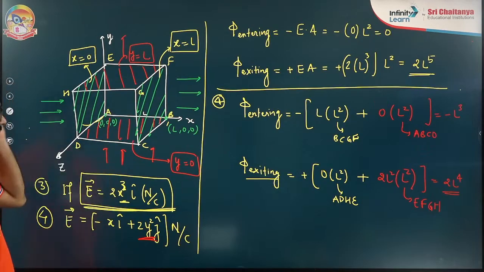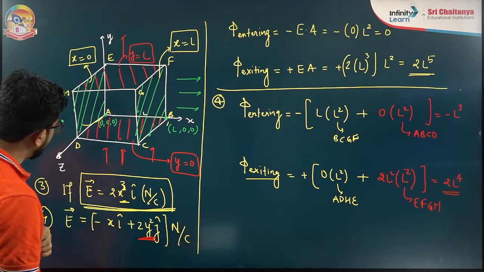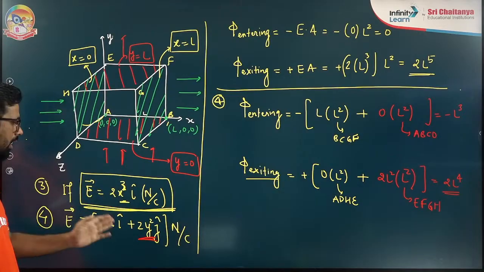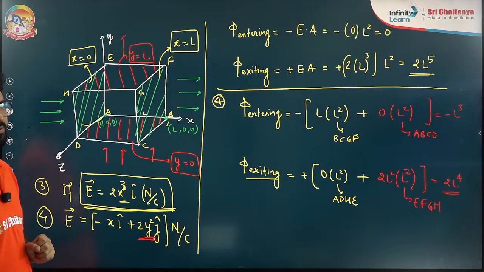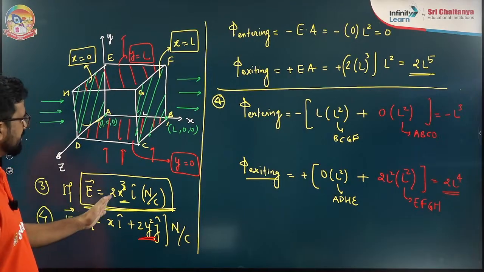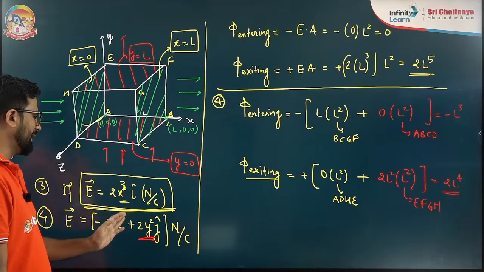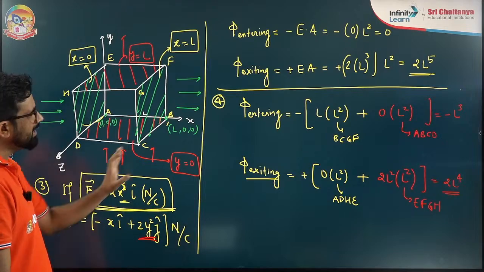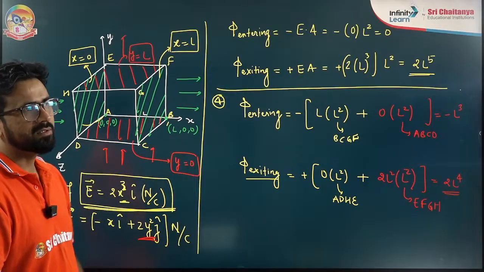After that, we took the electric field in a variable form that depends on x or y. Accordingly, we discussed two questions, where the electric field is equal to 2x, or the electric field is equal to minus x i cap plus 2y square j cap, and we discussed the flux entering and flux exiting in these questions.